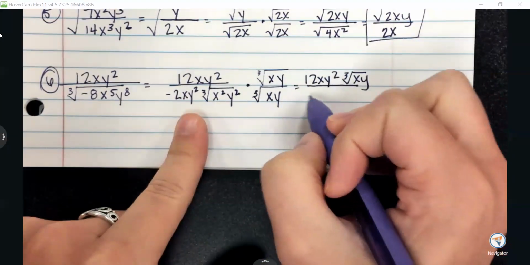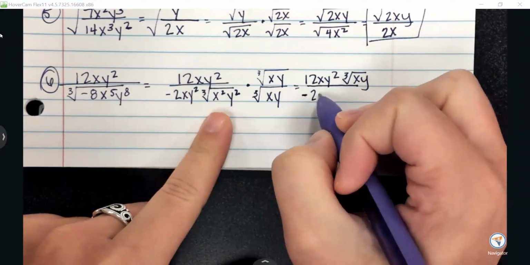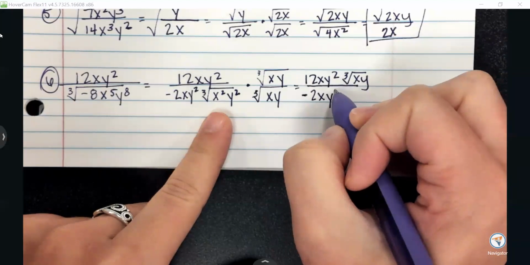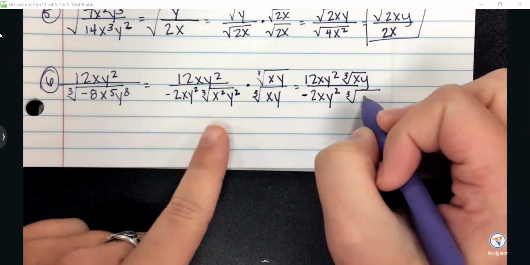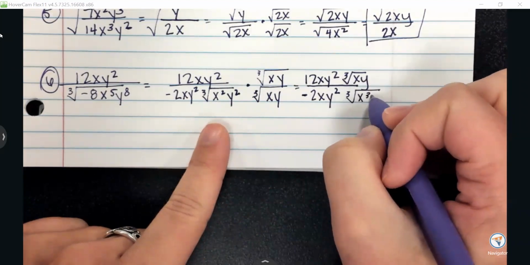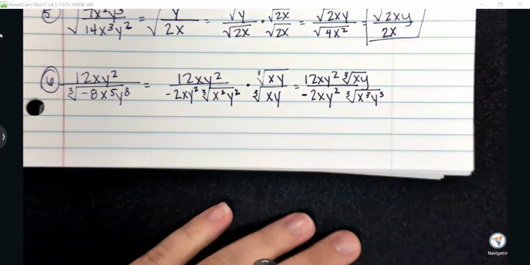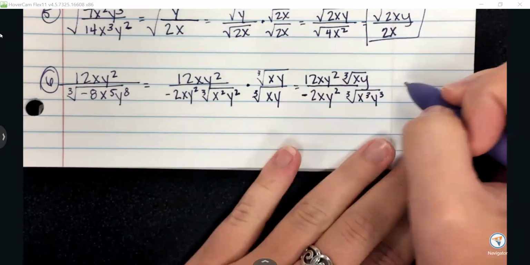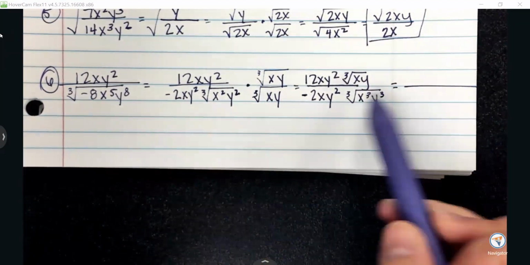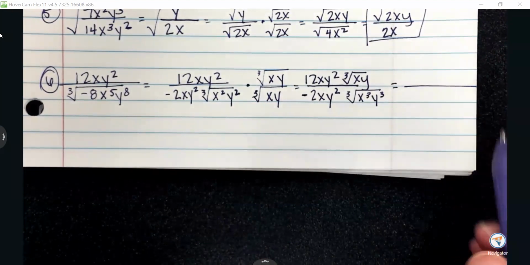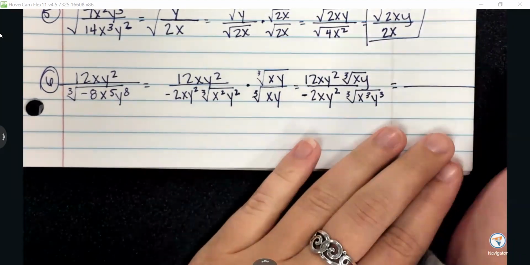And my denominator is -2xy squared cube root of x cubed y cubed. Is x cubed and y cubed a perfect cube root? Yes, then I can keep going, okay?